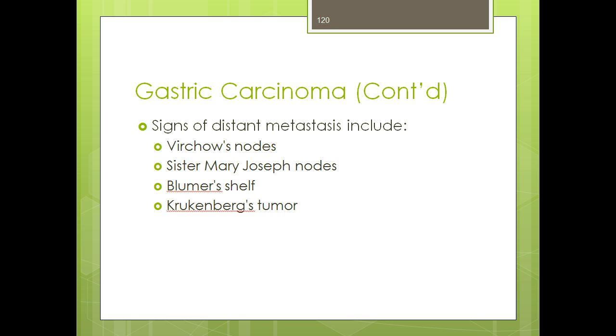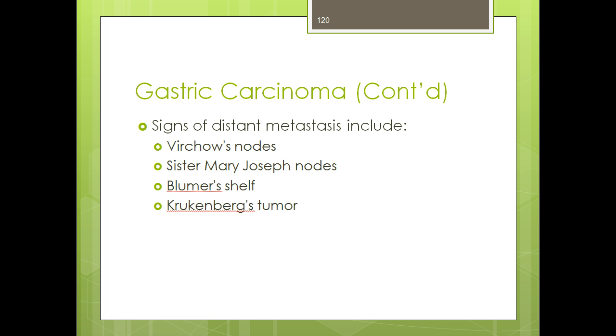Then Sister Mary Joseph nodes, which is the umbilical metastasis. Blumer's shelf, which is a rectal mass, and then Krukenberg's tumor or syndrome, which they consider enlarged ovary.